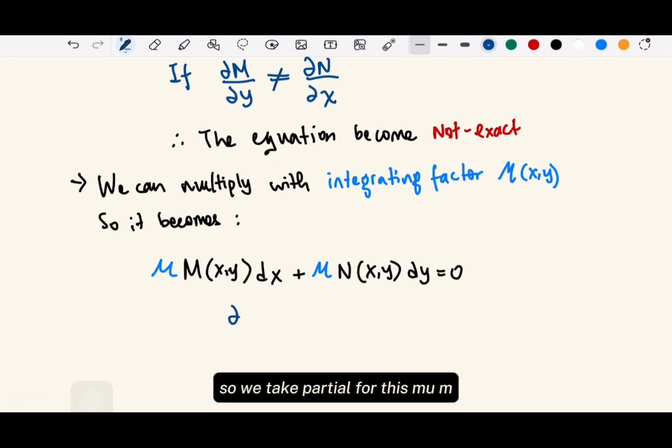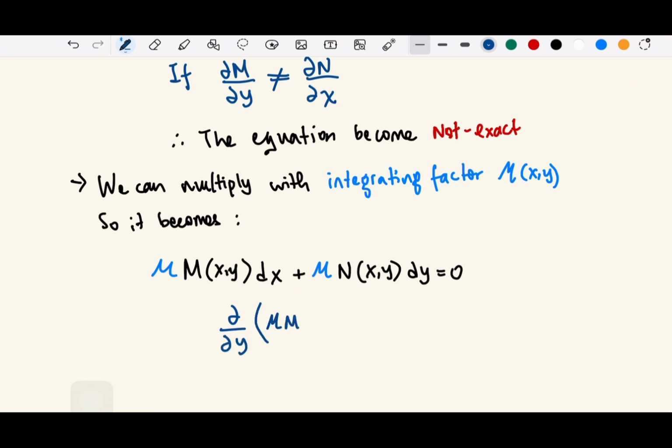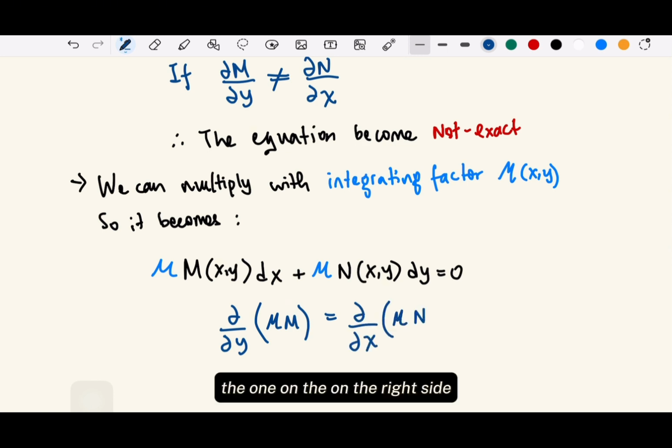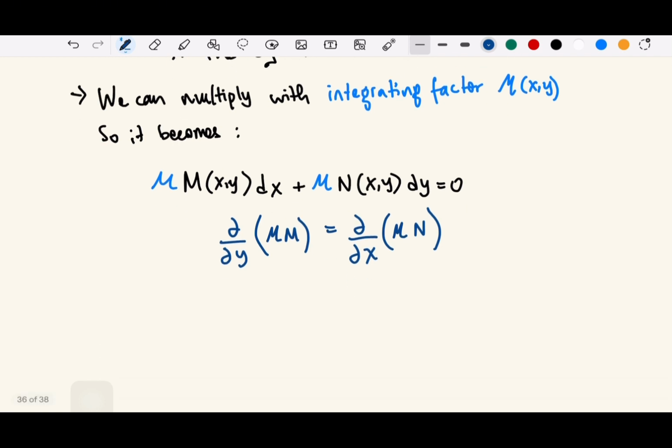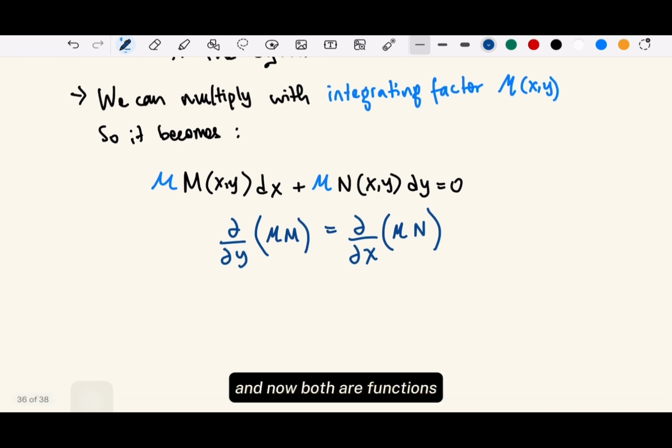So we take the partial of mu m that is equal to the one on the right side. And now both are functions, okay? Mu and m, mu and n, they are functions.